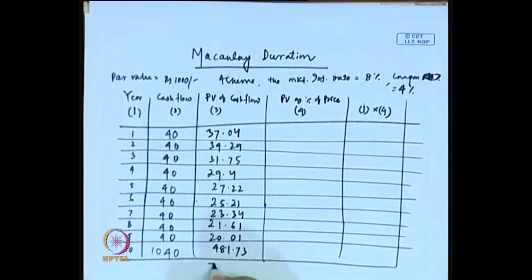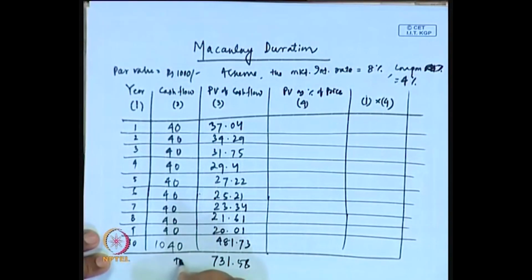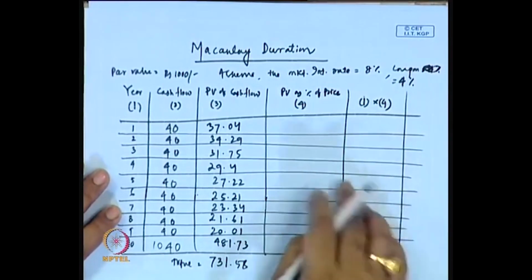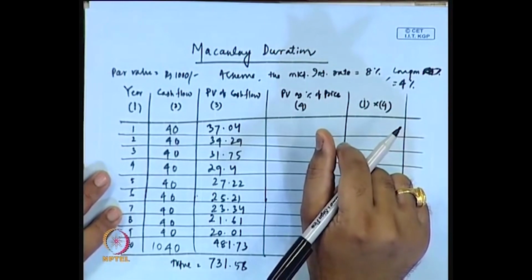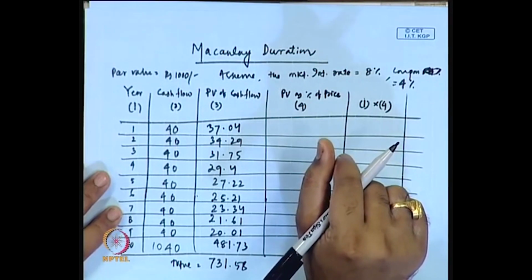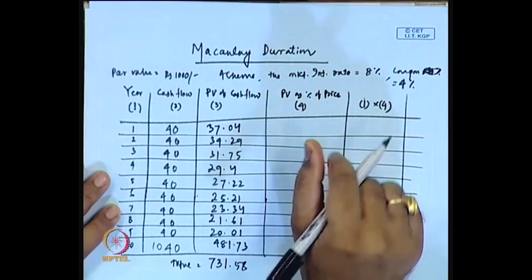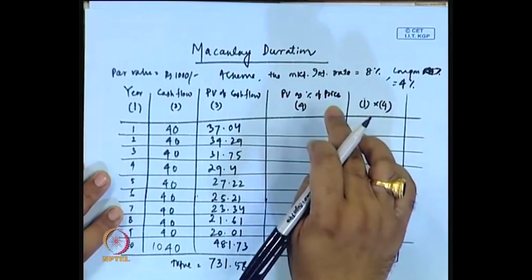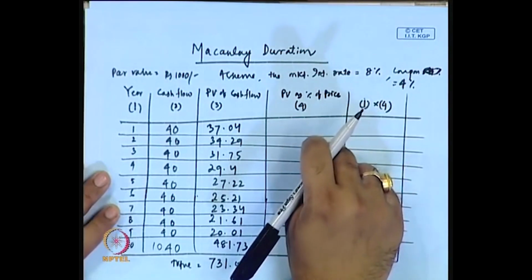The total will be 731.58, the total value. Then how can we calculate the present value as a percentage of the price? We have to calculate what percentage of the total cash flow each present value is.